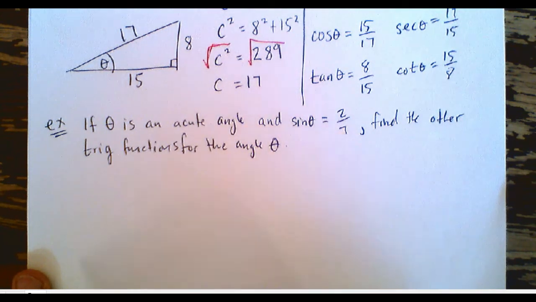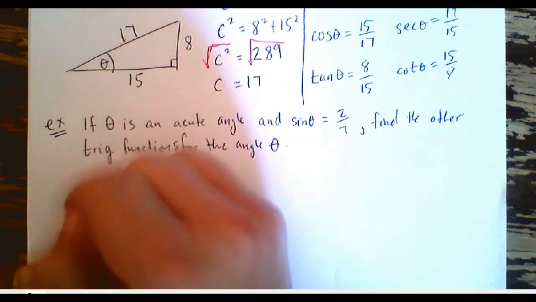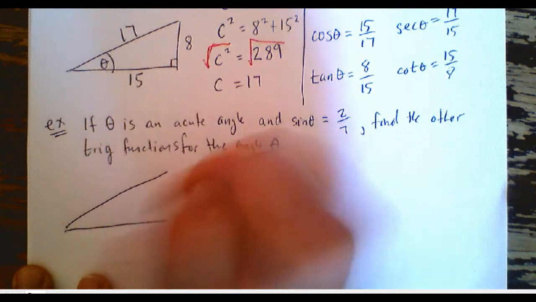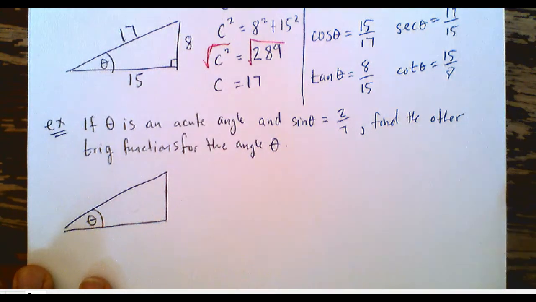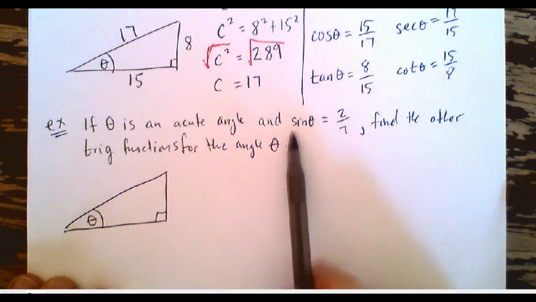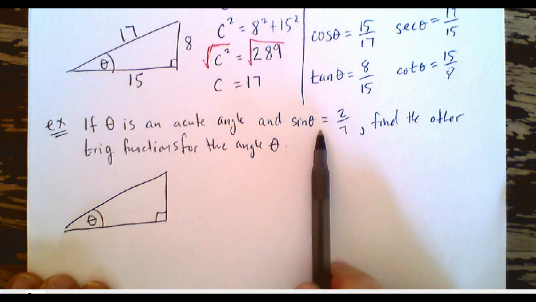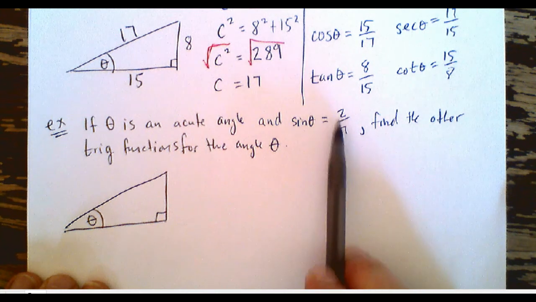So we can build our own triangle. So here, let's draw it. Let's say theta is right here. Here's our right angle. So it is known that the sine of theta is 2 over 7. So remember, the sine is opposite over hypotenuse. So the opposite side will be 2. The hypotenuse is 7.